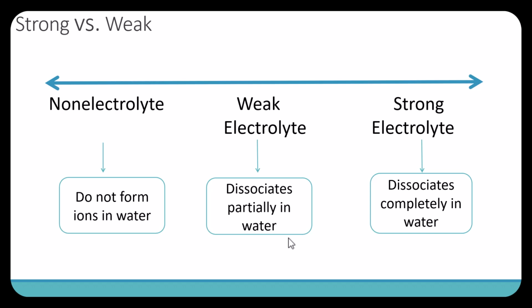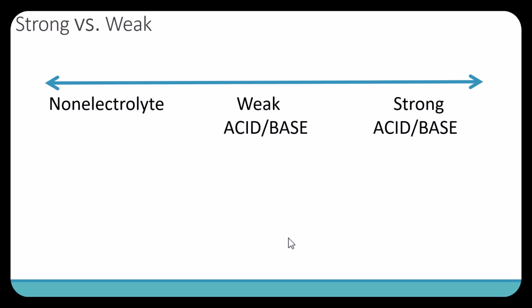What is important is the weak electrolyte. This is going to be something that partially dissociates in water. So maybe I put 3 molecules into water, and 2 of them will break apart, but 1 of them stays as that compound. It doesn't break apart. So we put all of them into solution, but only some of them dissociate. That's a weak electrolyte. When we're talking about strength of acids and bases, it follows this exact same definition.